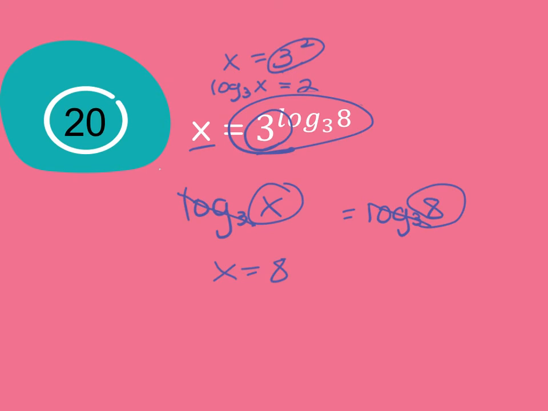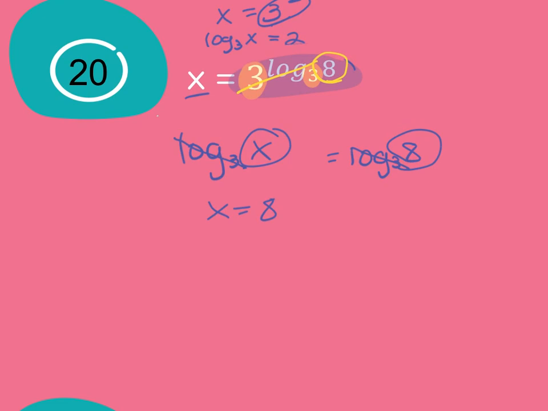So here's another shortcut. If a base is being raised to a log, and the base of the exponential function matches the base of the log that's in the exponent, I can literally cancel them out and take what's next to the log in the exponent. So if this was 5 to the log base 5 of 10, my answer would be what? 10.